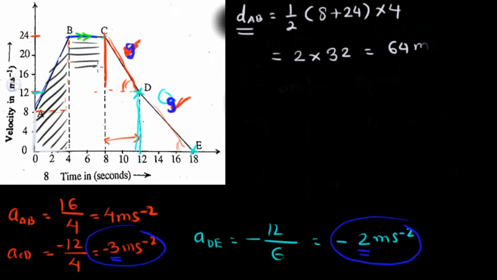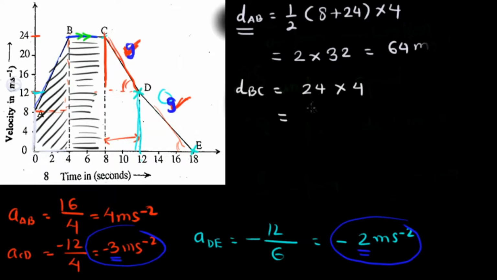The rectangle's area is length times breadth. So the distance traveled in the BC part is the length multiplied by the breadth. The length is 24, and the breadth is 8 minus 4, that's 4, and 4 times 24 is 96. Yeah, 96 it is.